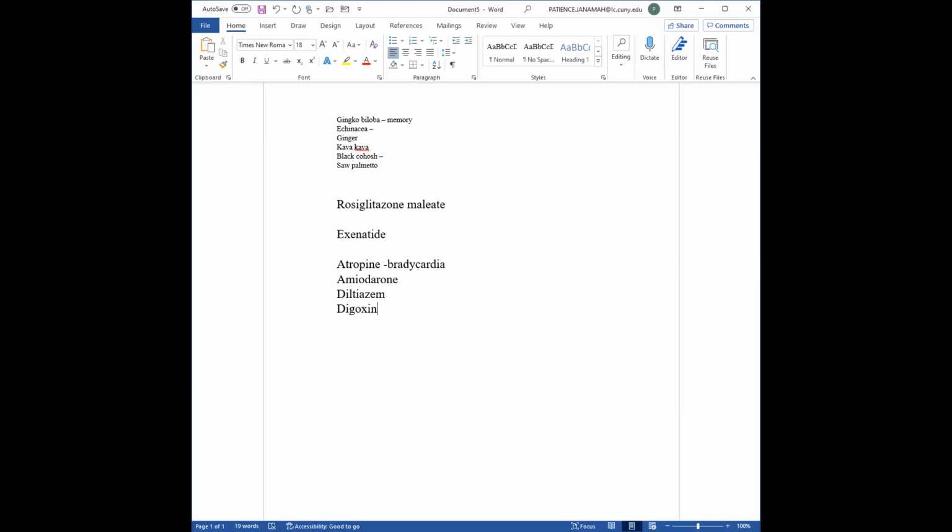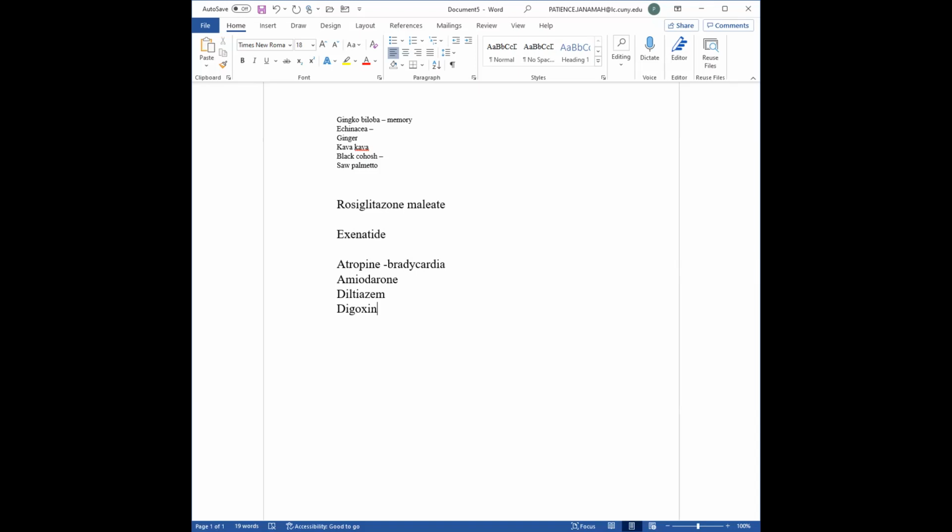Then lidocaine, the last one. Lidocaine is used for VTach, AFib, and lidocaine will slow the heart rate. Remember, lidocaine too is a form of anesthetic. It can be used as a local anesthetic agent.